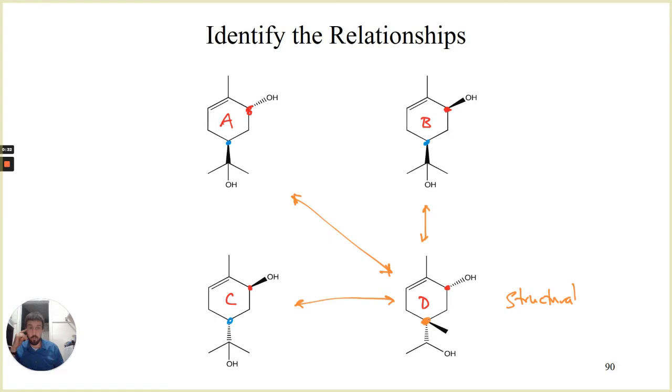The next part, as far as identifying, we could really pick any spot we wanted. So I'm going to compare A to B, and we'll note that the red position we did switch.